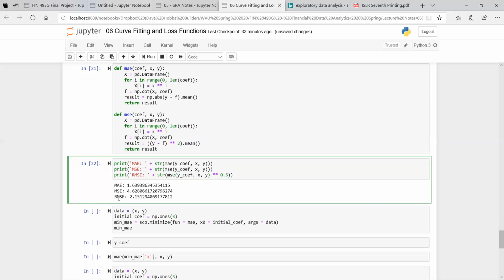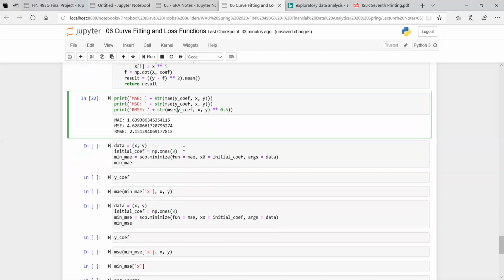And why we take the root: the mean squared error is in units squared, like variance, whereas root mean squared error gets it back into the original unit. So if this was time, mean squared error would be time squared. Root mean squared error would just be in time.